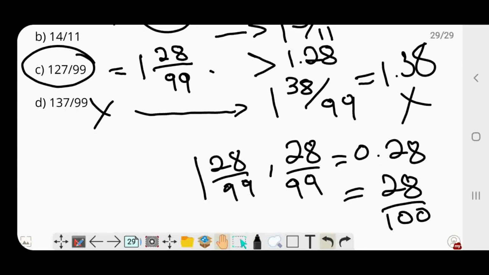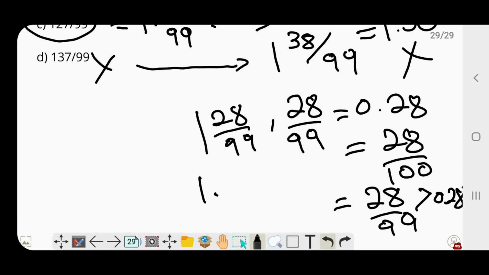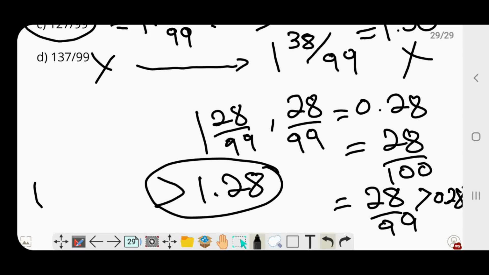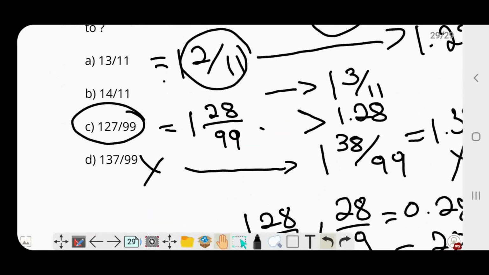So when I am dividing by a number which is lesser than 100, the value should be more than 0.28. So the value which we get here is more than 1.28. But the value which we require is 1.2727 something. So option C is also not the right answer, although it is very close to being the right answer. So option B is the only contender left.